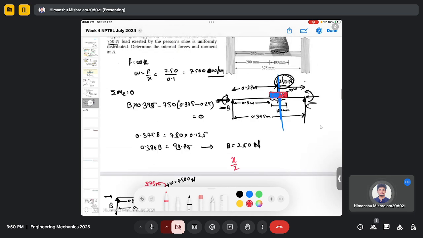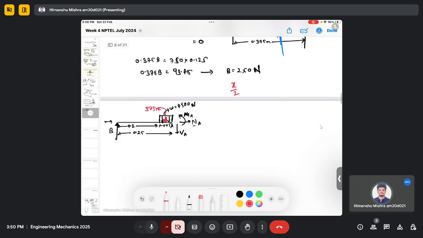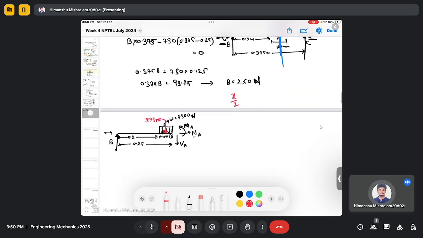Earlier it was 750 for the entire 100 millimeter uniformly distributed load, but for the 50 millimeter distributed load, its equivalent point load is 375, and it is acting at the midpoint of 0.05, which is the centroid of this shaded red area.